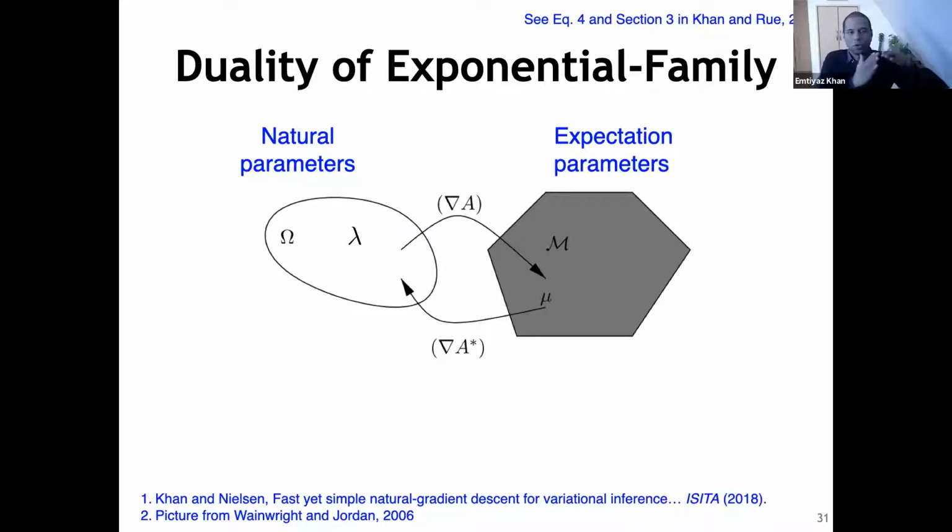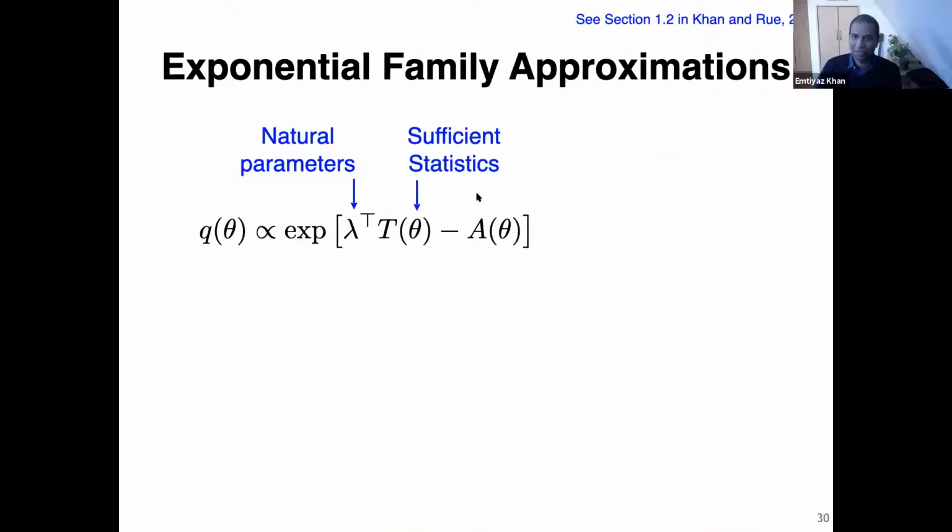You're trying to locate your distribution, to find where you should put it. So you're going to search in the space of lambda. But for every lambda there exists a mu, because it turns out that this parameter mapping is one-to-one. And this mapping goes through the gradient of the function that we didn't talk much about. Essentially this should be lambda again, so sorry for the confusion.